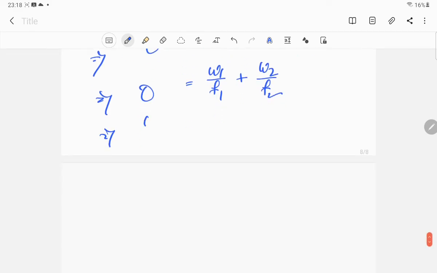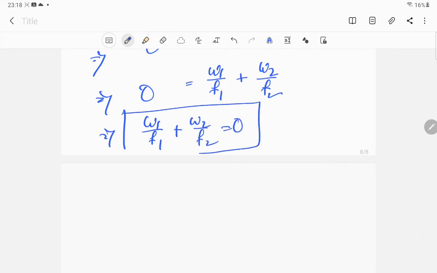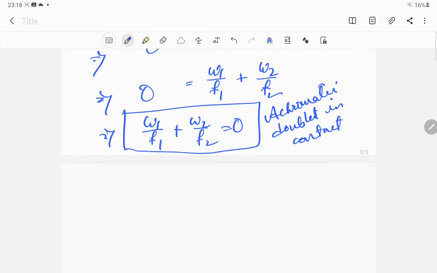So that means omega 1 by f1 plus omega 2 by f2 should be equal to 0. So this is the condition for achromatism or achromatic doublet in contact. Okay, so this is the second condition.